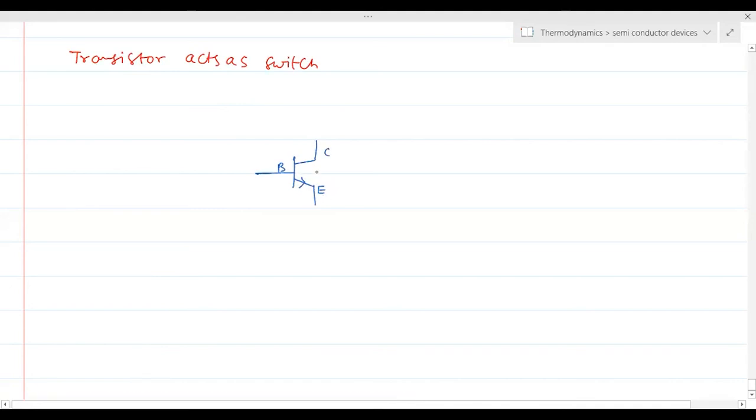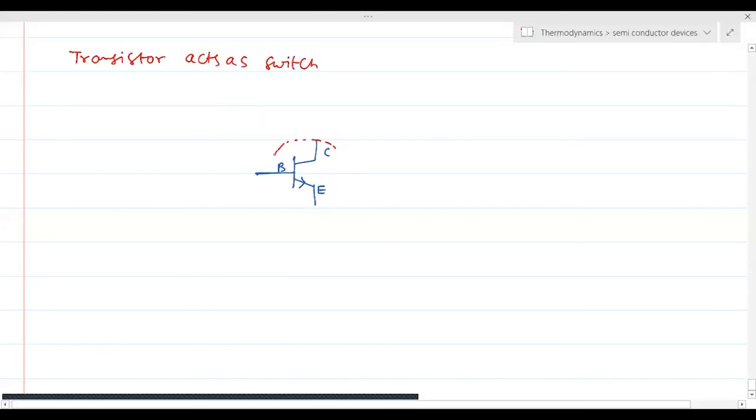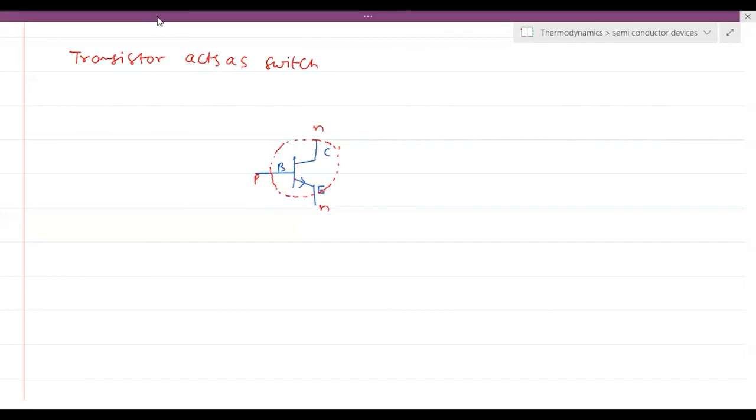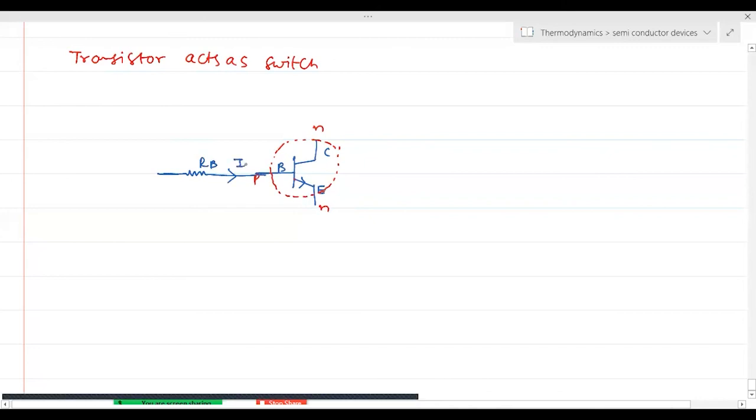P to N we are having. We always know that this arrow represents P to N. This is N, this is P and this is N. Therefore this is an NPN transistor. This is connected to some base resistance RB we are taking, and the current passing through this is IB, and it is connected to VBB.